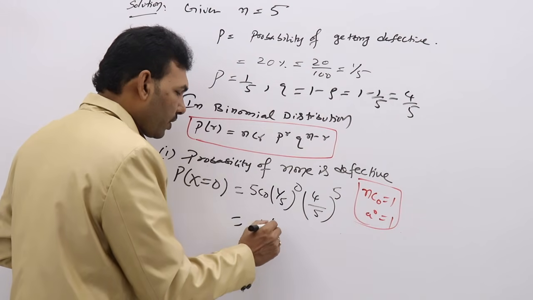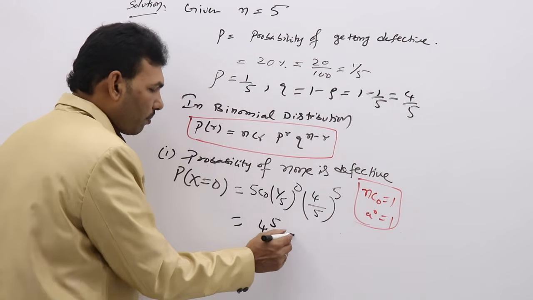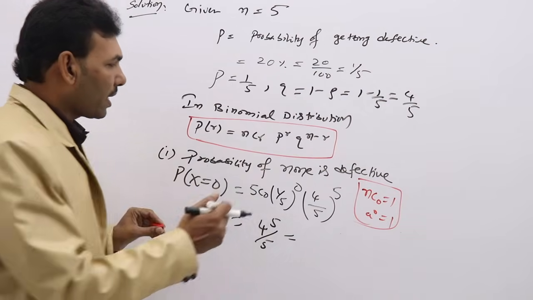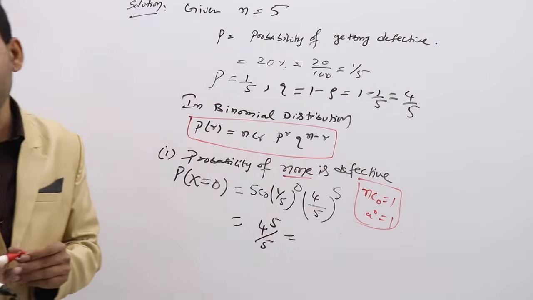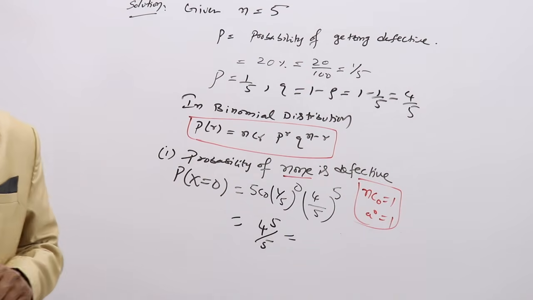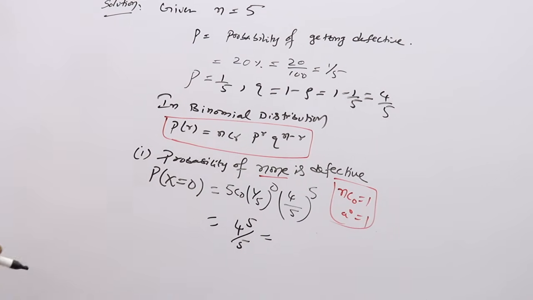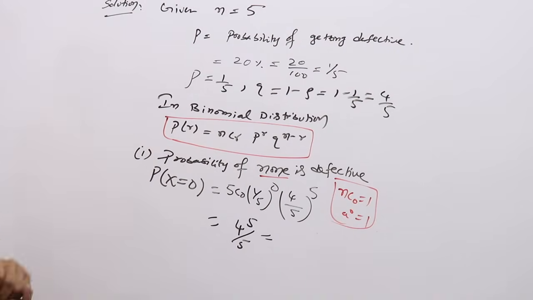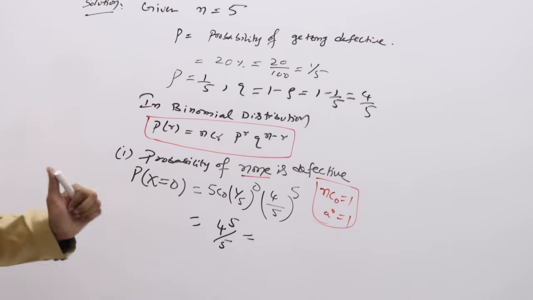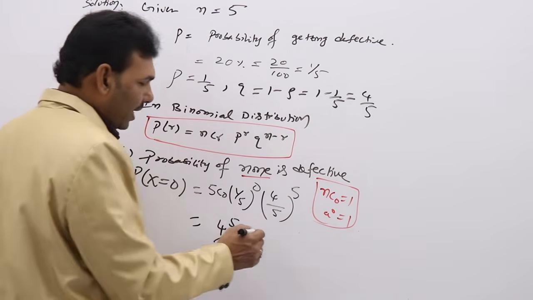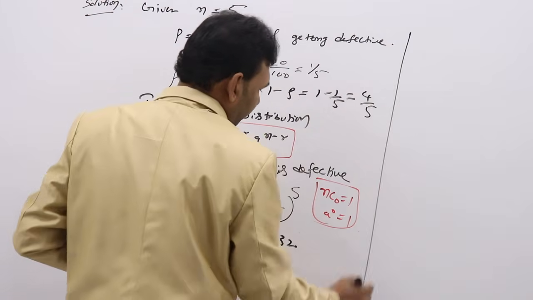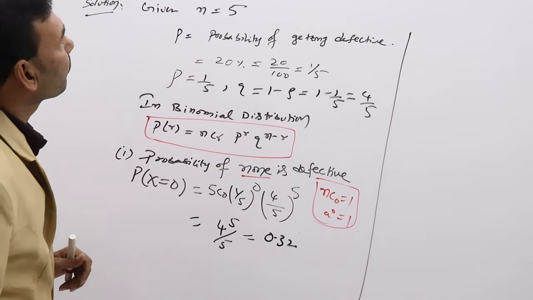So finally what you will get is 4^5 by 5^5. So none means 0 defectives. The name itself says how many defectives we are having. So 0 defectives, that's why we evaluated probability of X equal to 0 by writing 0 in the place of r in that formula. You got that value. Use your calculator to get this one.